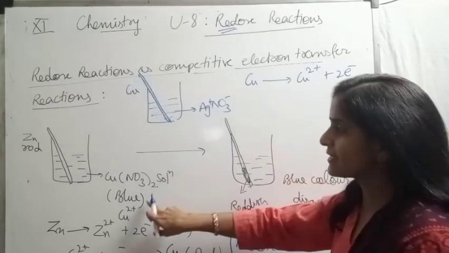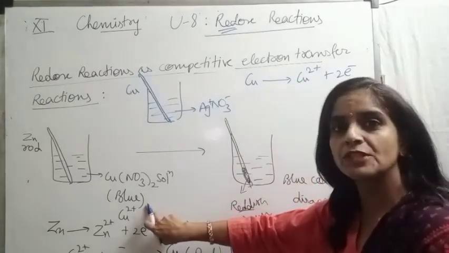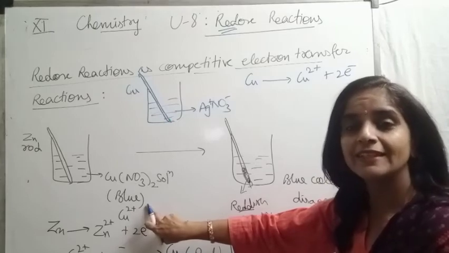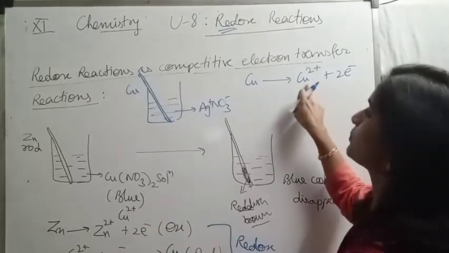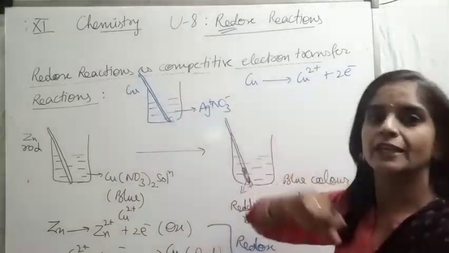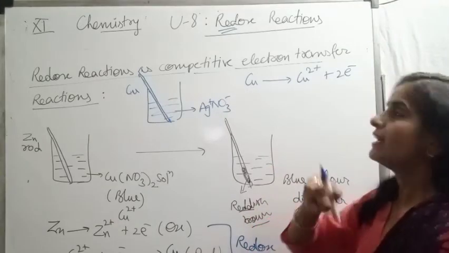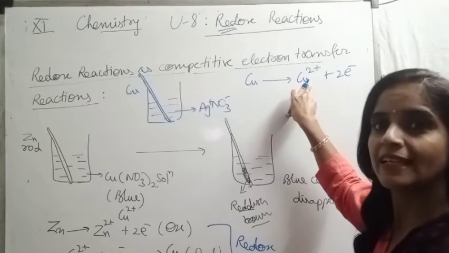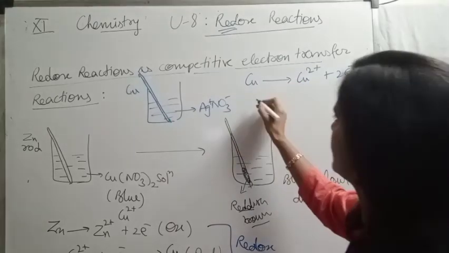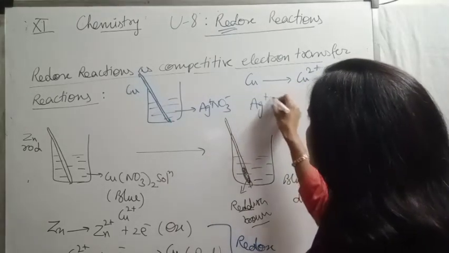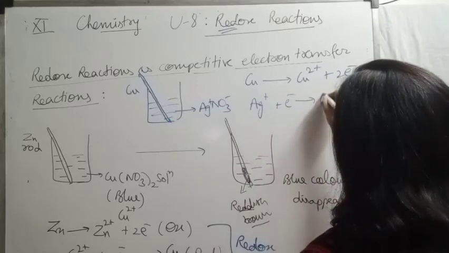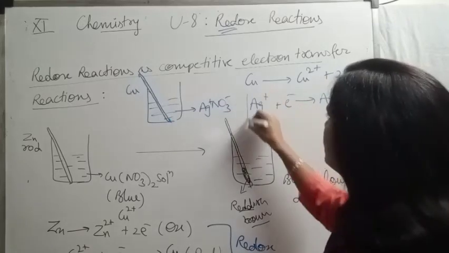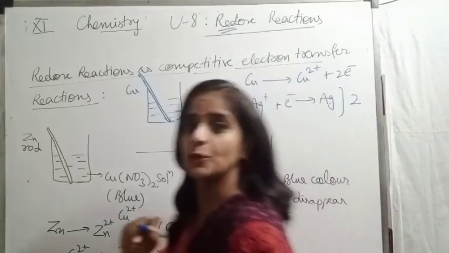As we discussed, these cupric ions are responsible for the blue color of the solution. The electrons released by copper are received by silver ions, and silver ions, by receiving electrons, are converted into metallic silver, balanced by multiplying by 2.